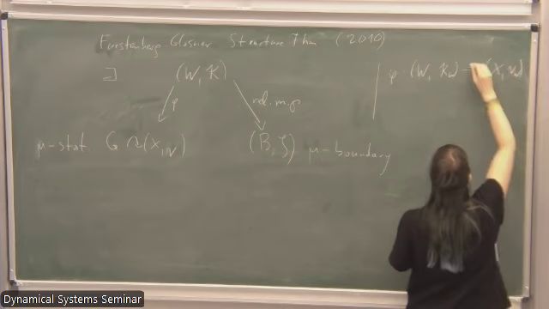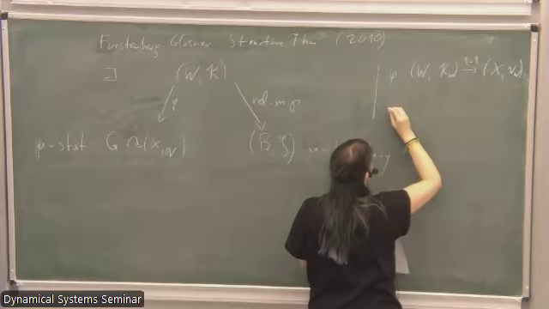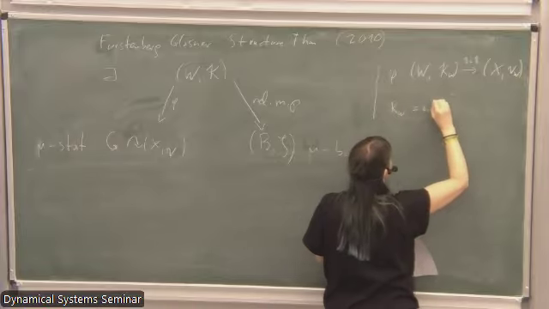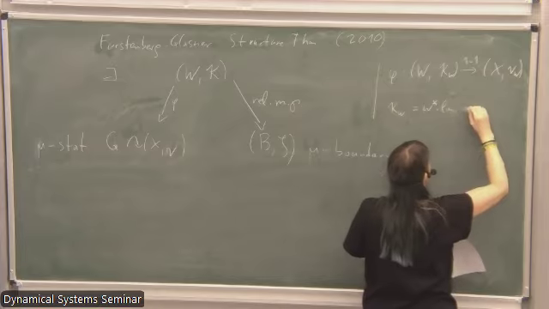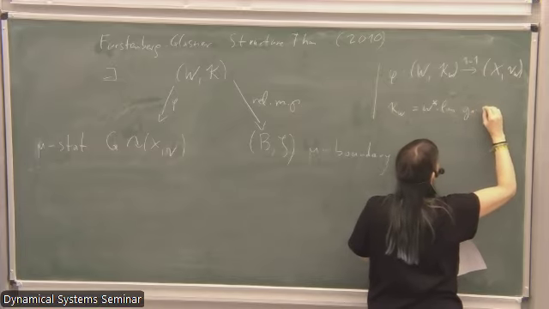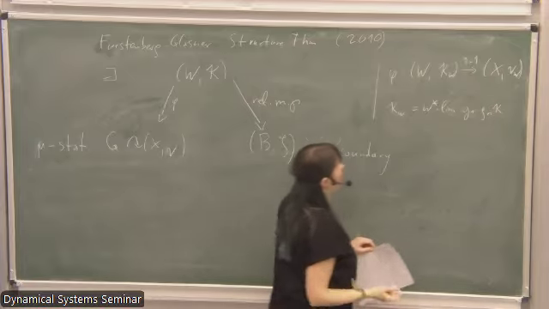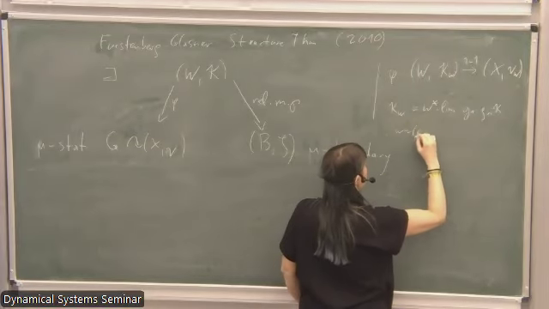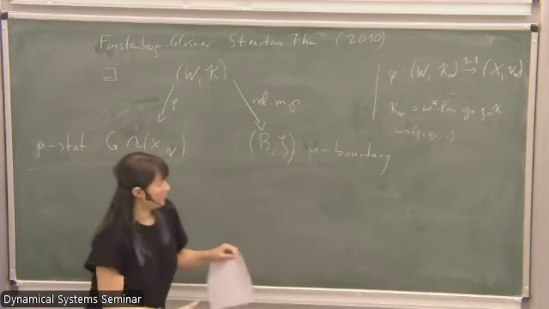And this is one-to-one, where kappa omega is the weak star limit of some G1 and so on until Gn of kappa and so on, where W is exactly this sequence, G1, G2, and so on.